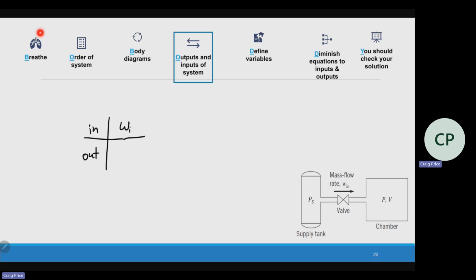Yeah, we can do W in. Mass flow rate. That's going to change it, right? What is W in affected by? The tank. It is affected by the tank pressure. I would also say, it's really affected by the supply pressure. The more supply pressure I have, the more that flow is going to be. So those are going to be related.